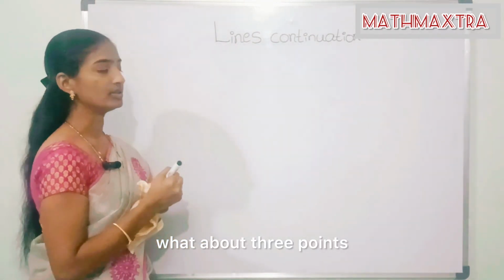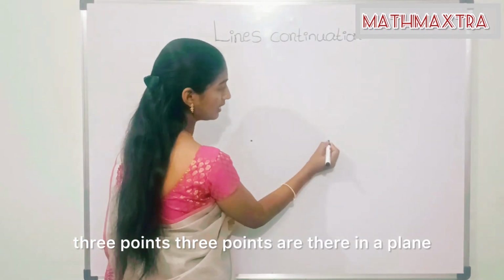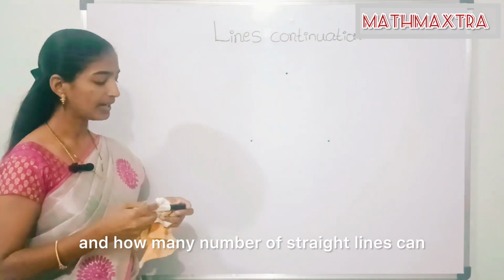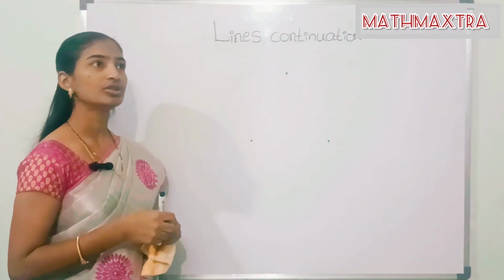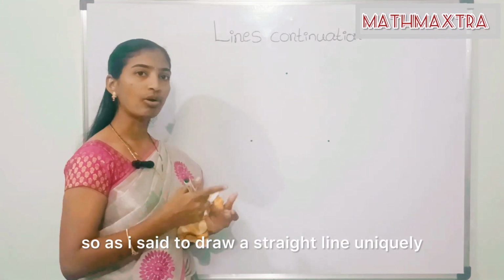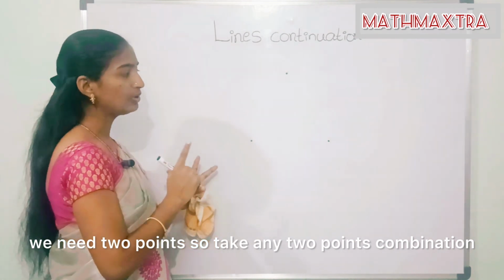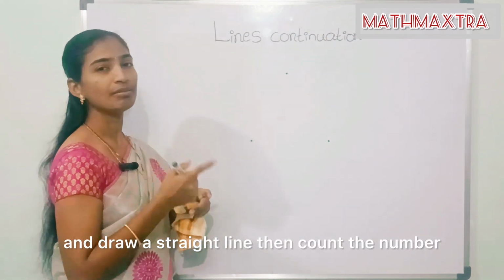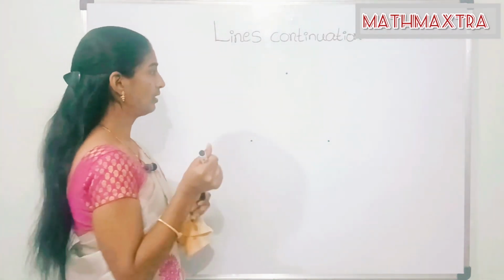What about 3 points? If 3 points are there in a plane, how many straight lines can be formed with these 3 points? As I said, to draw a straight line uniquely we need 2 points. So take any 2 points combination and draw a straight line, then count the number of straight lines formed with these 3 points.